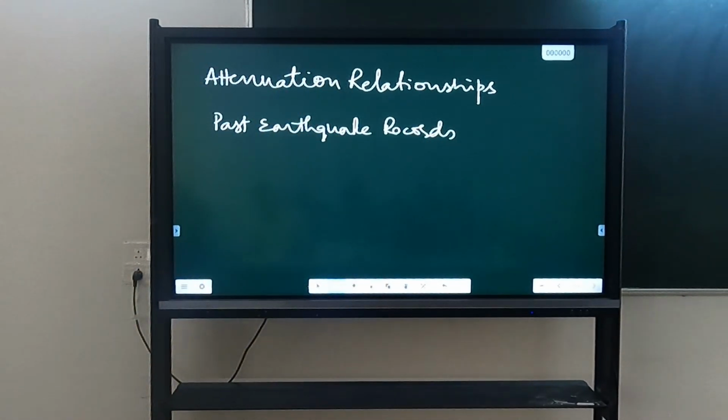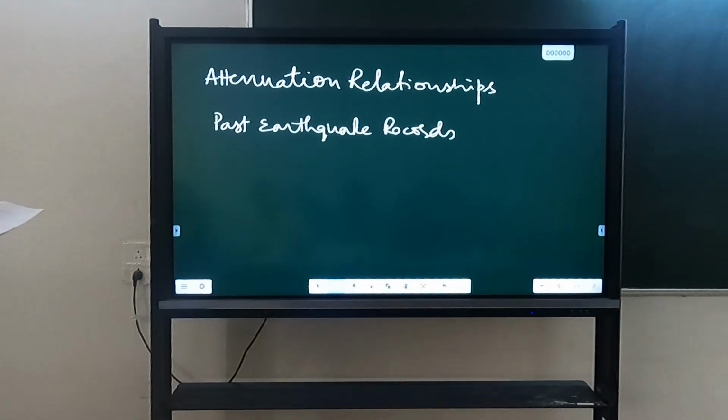So when we are talking about past earthquake records, the applicability of these attenuation relationships will depend upon which earthquake data I have considered.